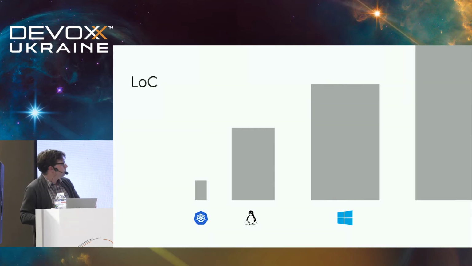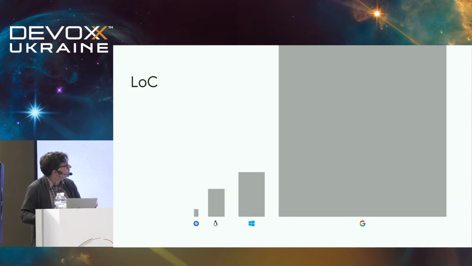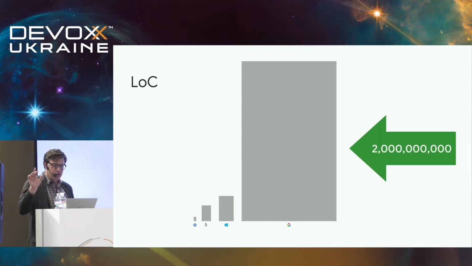And here's Google. Oh, oops. Let's zoom out a little bit there. There. No. Almost. Here's Google's code base, which we keep in one giant mono repo, and it contains 2 billion lines of code. 2 billion. Last time, I promise.